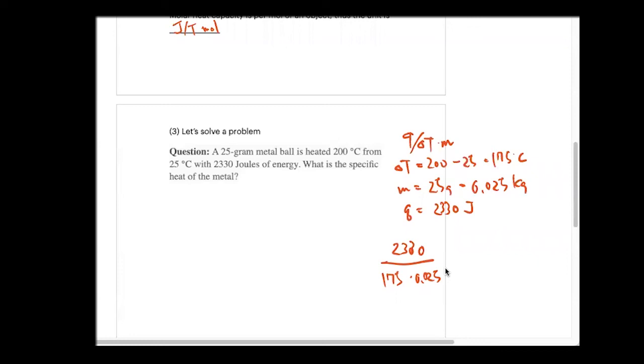I guess you need to use a calculator to calculate this one, but you can easily get 532, and the unit is joule per kelvin per kilogram. Well, you can use Celsius really as well here.